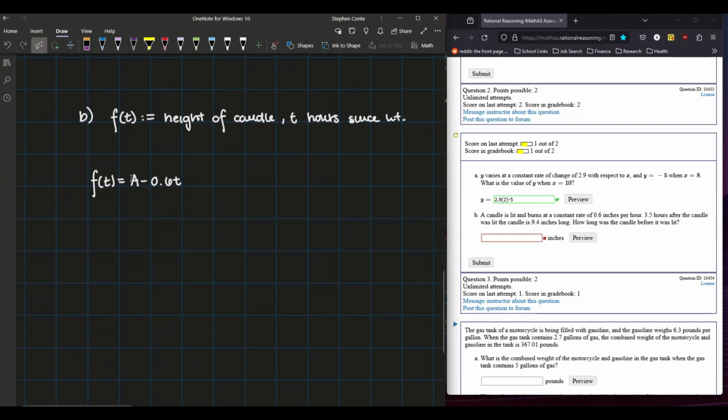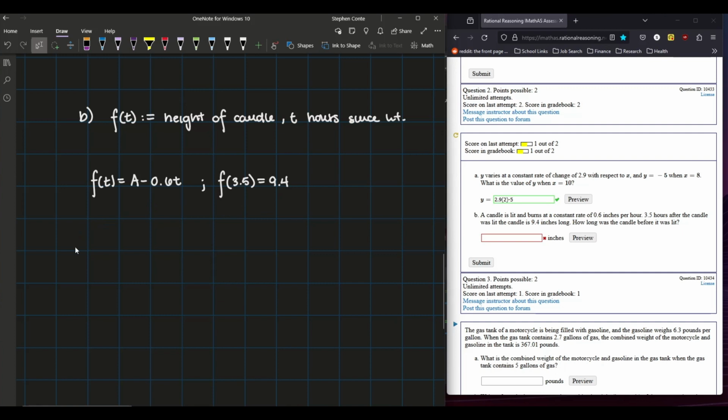We don't know what A is yet, but we're told that 3.5 hours after it's been lit, so f of 3.5, where t is the number of hours since the candle was lit, the candle is 9.4 inches long.